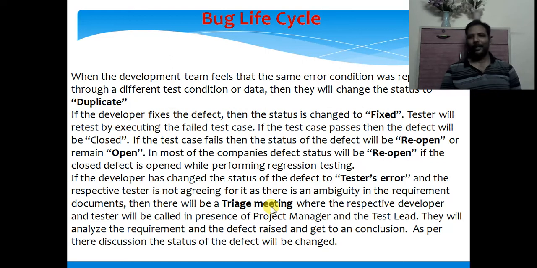Depending on the discussion, if any documents should be changed, they will be changed. They will call the respective author of the document, and if there is some ambiguity in the SRS, the system analyst will come and clarify the doubt. In the triage meeting, that clarification will be done.